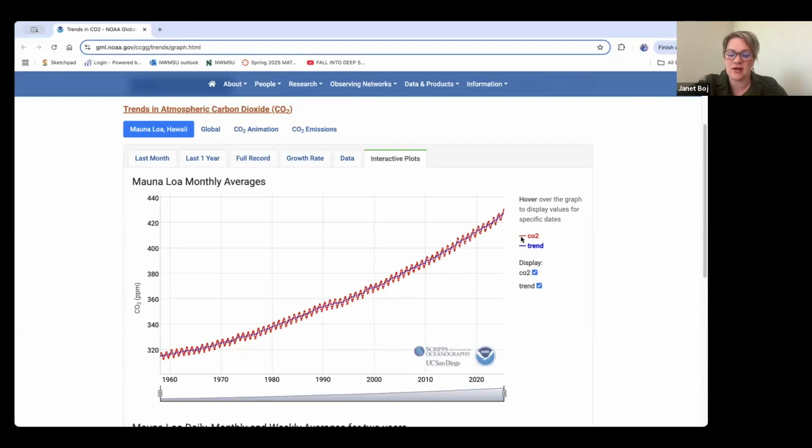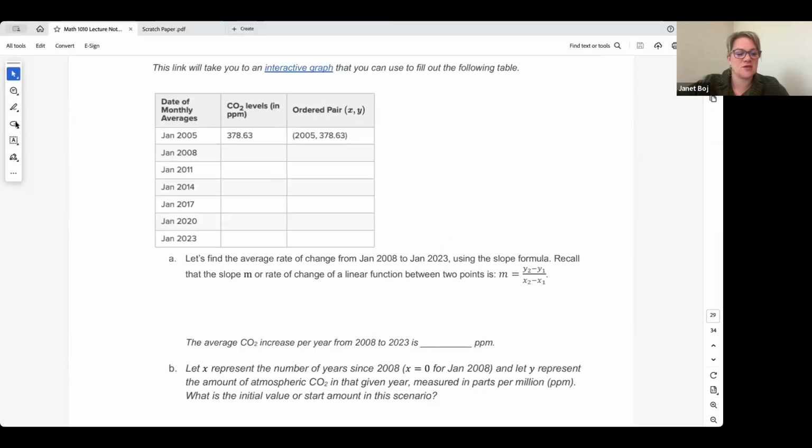If you look over here, it'll show the year. We're looking at 2008. January of 2008 is 385.78. So let's put that here. That would be in 2008, it's 385.78.